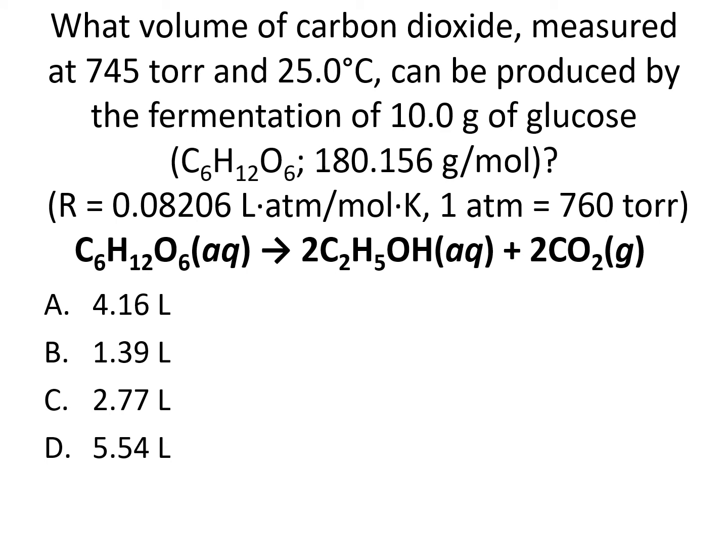What volume of carbon dioxide, measured at 745 torr and 25.0 degrees Celsius, can be produced by the fermentation of 10.0 grams of glucose, C6H12O6, with a molar mass of 180.156 grams per mole? R equals 0.08206 liters atmospheres per mole Kelvin, and 1 atmosphere equals 760 torr.